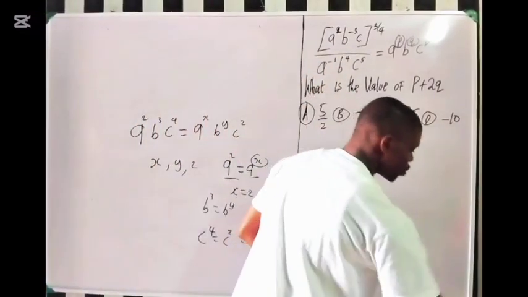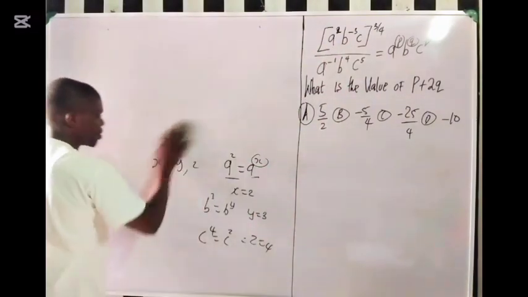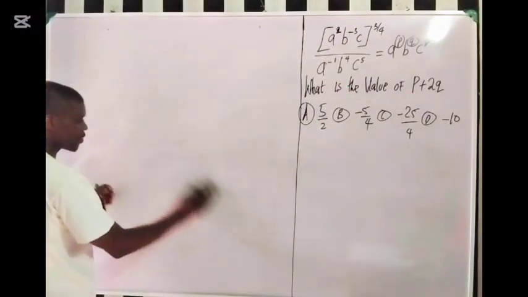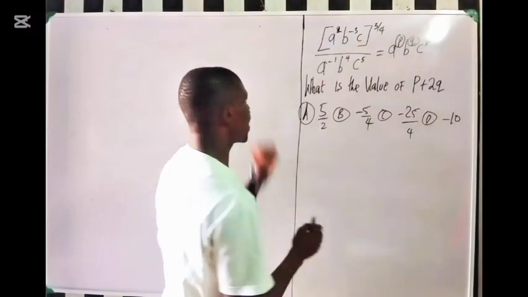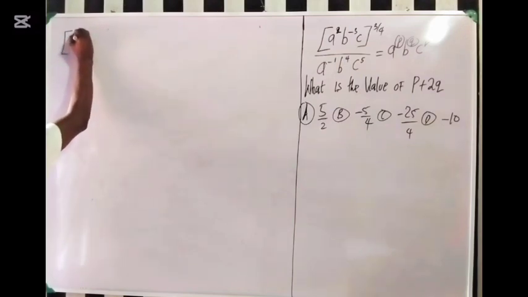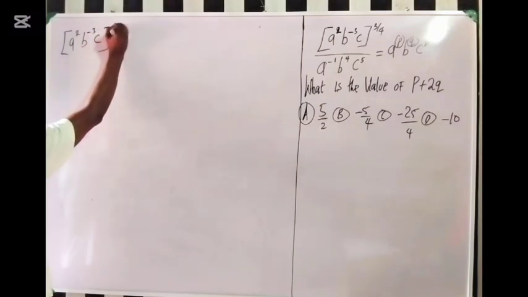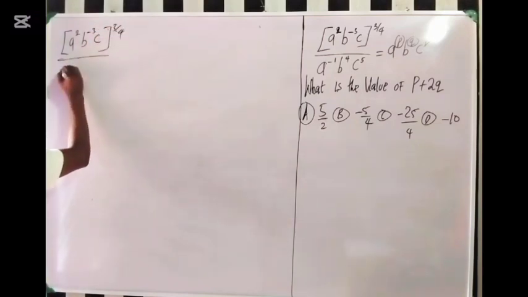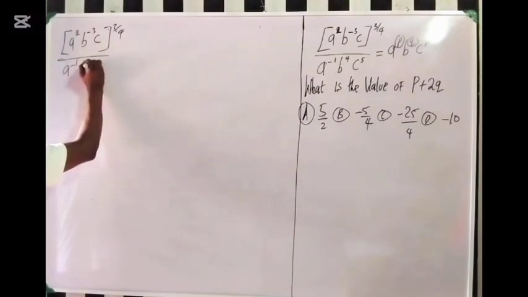So in the sense that you have to evaluate every single thing here. So how do you do that here? Let us begin. Here we have A raised to 2, B raised to minus 3, C raised to 1, all raised to 3 over 4, over A raised to minus 1, B raised to 4, C raised to 5, right?